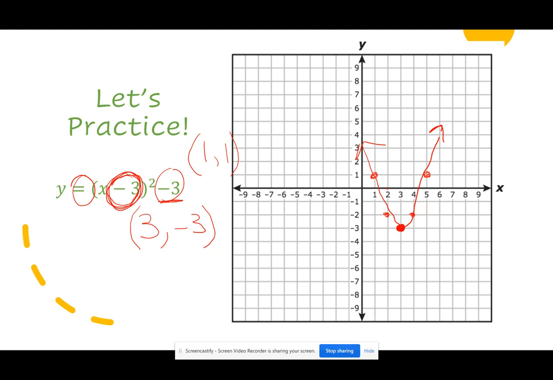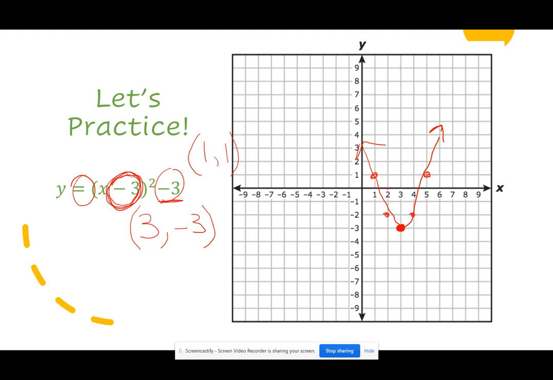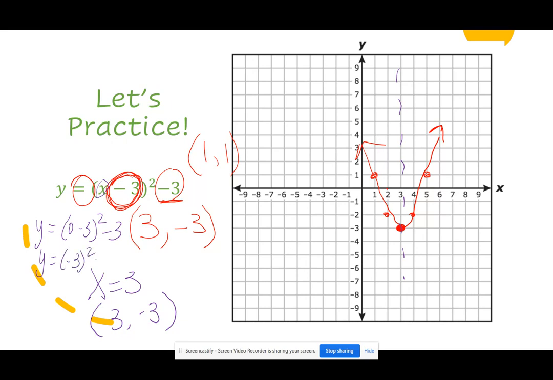So we can also label different things on this graph, just like we did when we were graphing in standard form. Our axis of symmetry is at this x equals 3. Our vertex is 3, negative 3. And we can still find our y-intercept by plugging in 0 for x. So we get 0 minus 3 squared minus 3, so we get negative 3 squared, which is 9 minus 3.